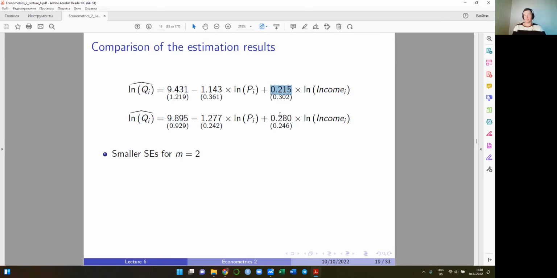So we can find some other instrument to use here, and probably it is going to be statistically significant, and even the size of this effect will be different. So that's why probably it's not a good idea to compare those results with these results.